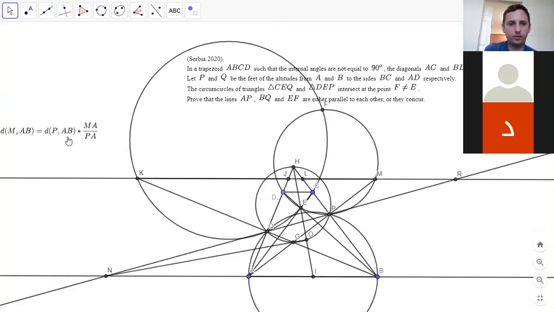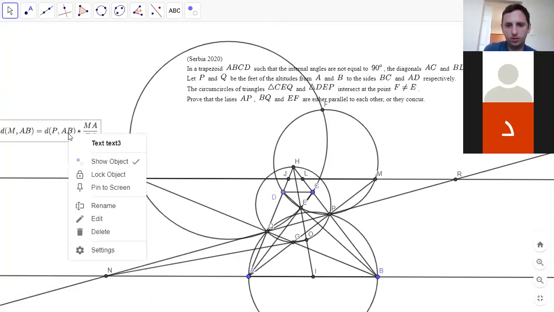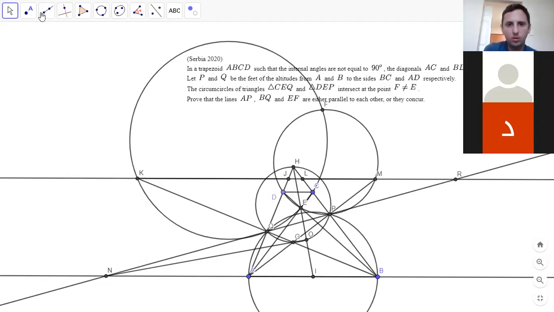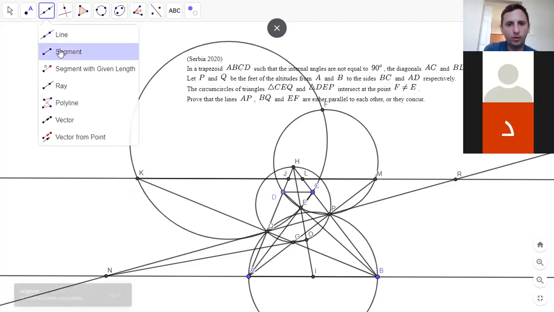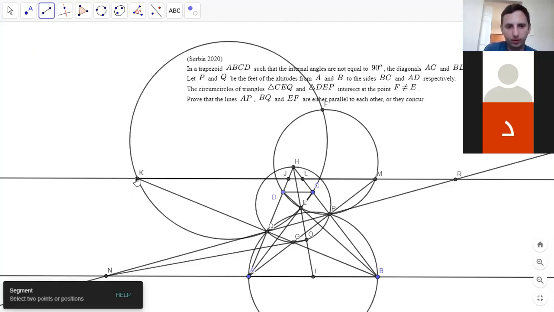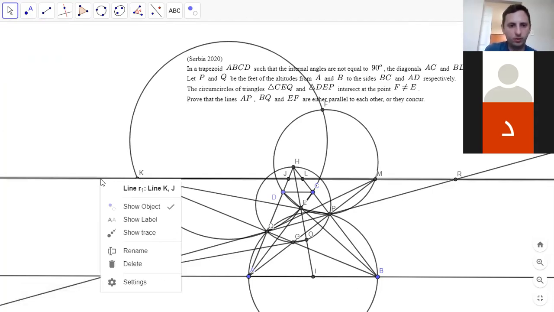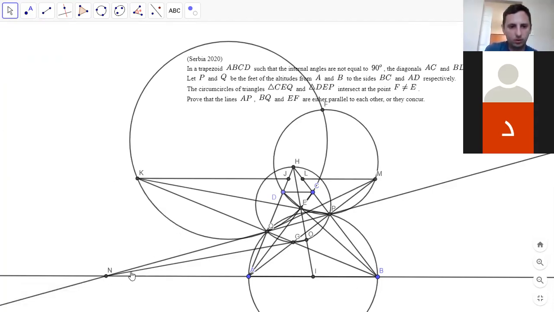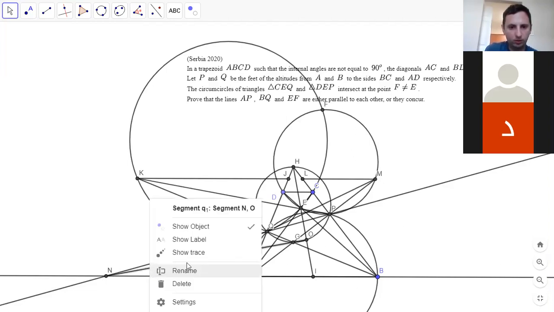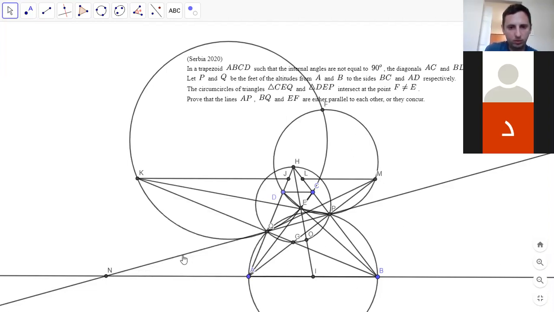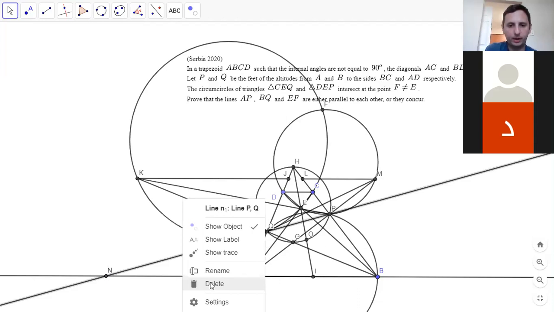I'm going to delete some stuff. By Reim's. Hold on a sec. Let me just check one thing. Just curious before I delete this diagram. Okay. All right. Let me delete a bunch of stuff and then I will write up your solution. Are there any lines you want me to keep?